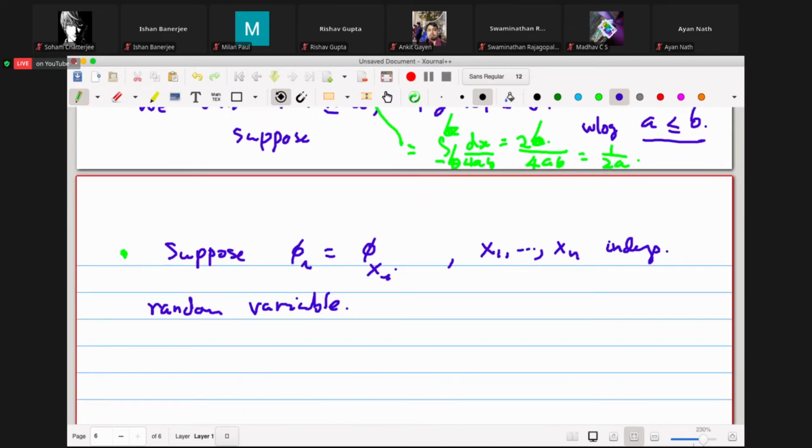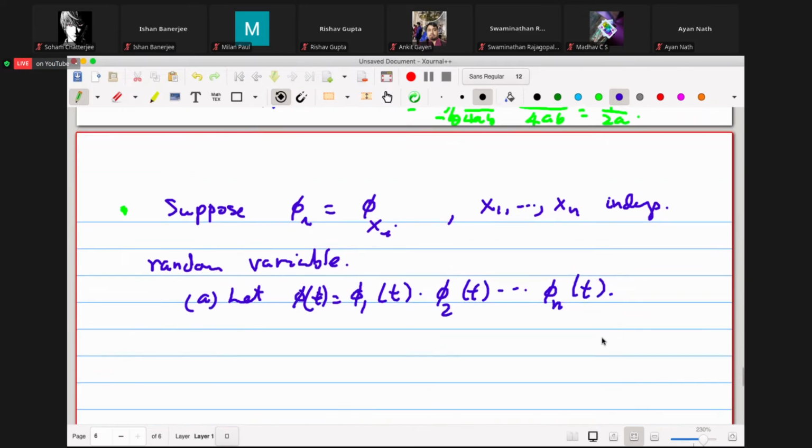So now find, yeah, find, so let phi is equal to phi1, okay, phi of t, just for clarity, phi1(t) times phi2(t) up to phi n(t). Find a random variable with characteristic function phi.